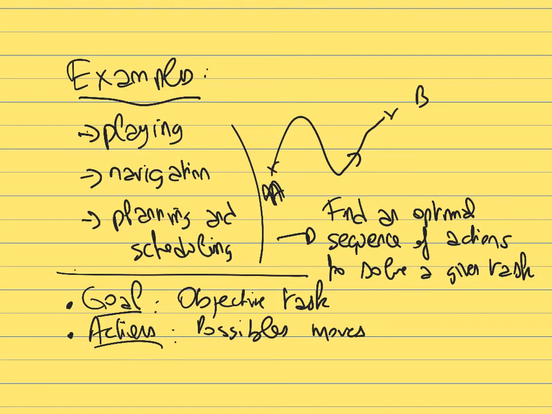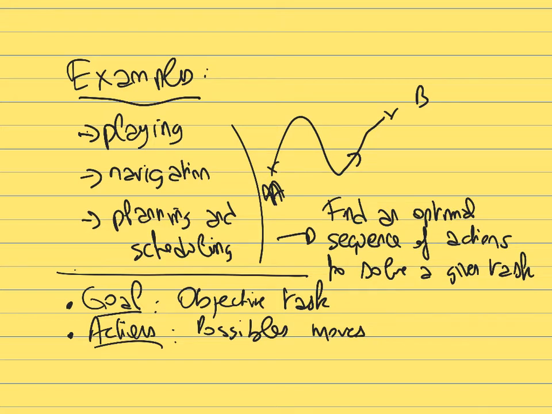And according to different problems, there are certain things that you can do and certain things that you cannot do. So you always have some allowable moves, things that you can do, and some moves that are forbidden by the rules. Like if you are playing chess, you have to follow certain rules. You cannot move any pieces arbitrarily.